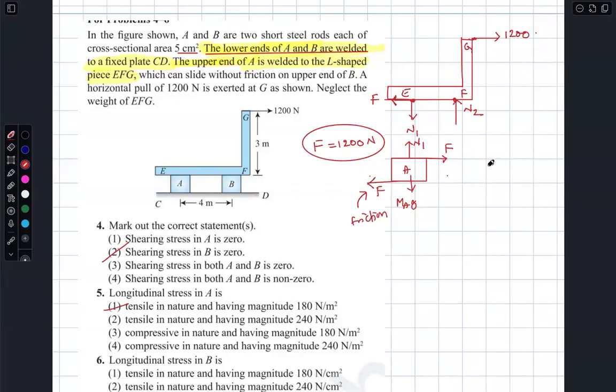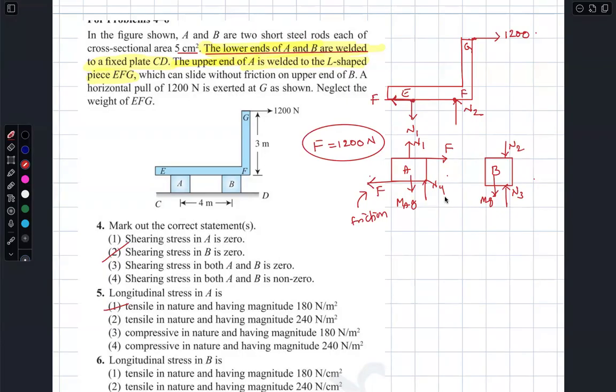Next, on B, you have N2, N3, Mg. Here also there is another N4. That's all. Now, the entire question depends on your capability to understand the free body diagram.